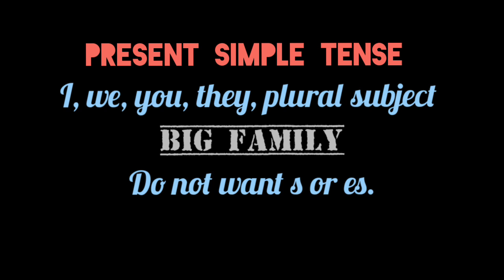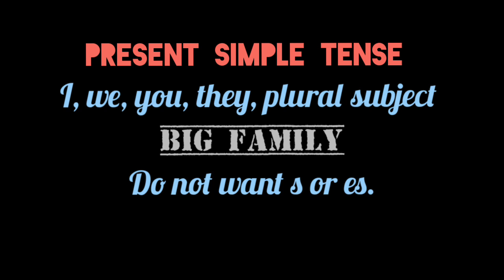Therefore, they do not want any S or ES. Means ये एक big और rich family है जिसको S और ES की ज़रूरत ही नहीं है. So, we will not use S or ES with I, we, you, they and plural subjects. So, it will be easy for you to remember that this is a rich and big family, so they don't need any S or ES.